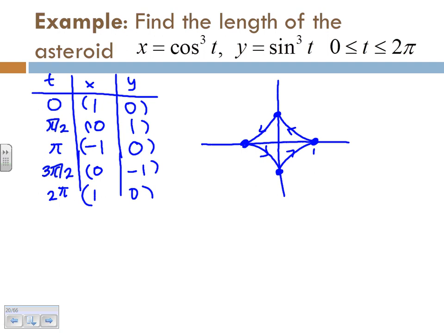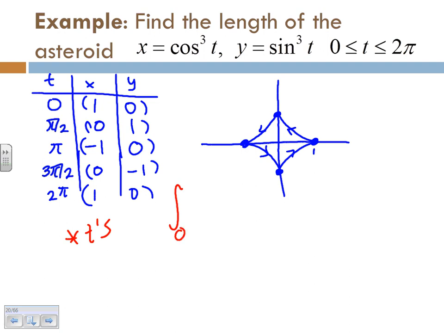What can I do, Andrew? Integrate, yes. From where to where? This is going to be in terms of t's now, right? So you want to go from where?